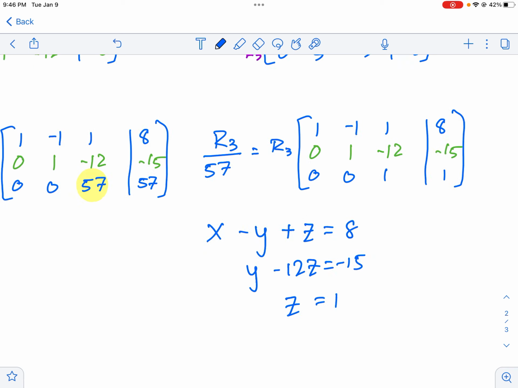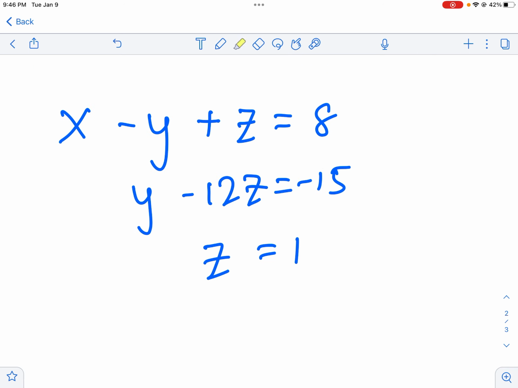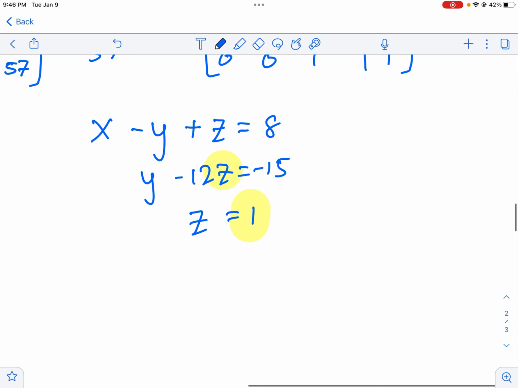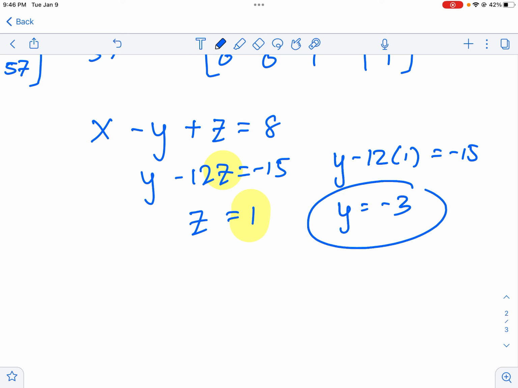I can plug in 1 to here. So y minus 12 times 1 is negative 15. So y is equal to negative 3. I know what those two are. I'm going to plug into here and here. So x minus negative 3 plus 1 is equal to 8. So x is equal to, that's positive 3. 4 minus 4, x is equal to 4.